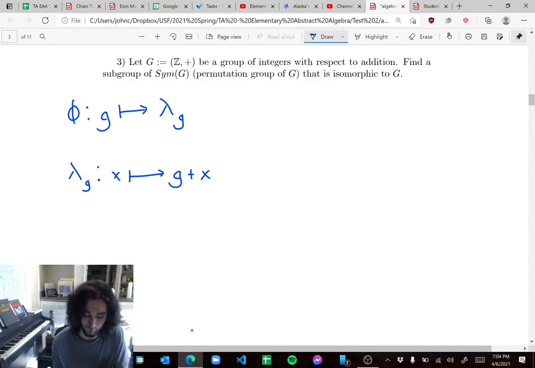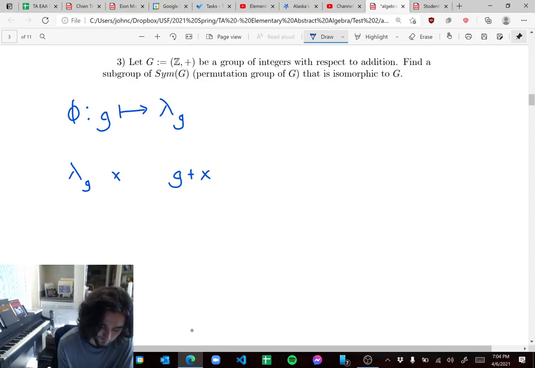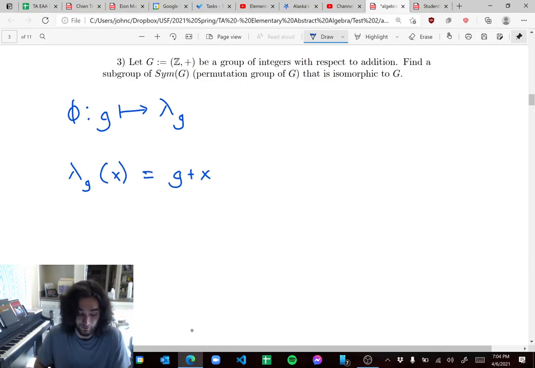Rather than use that arrow notation, you could just as well write it this way. Say that function, you plug in x and you get g plus x.